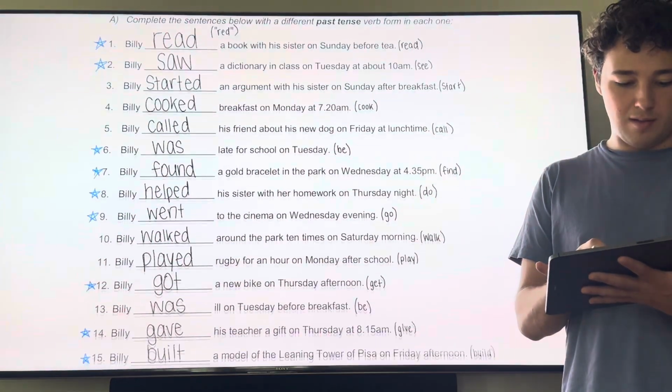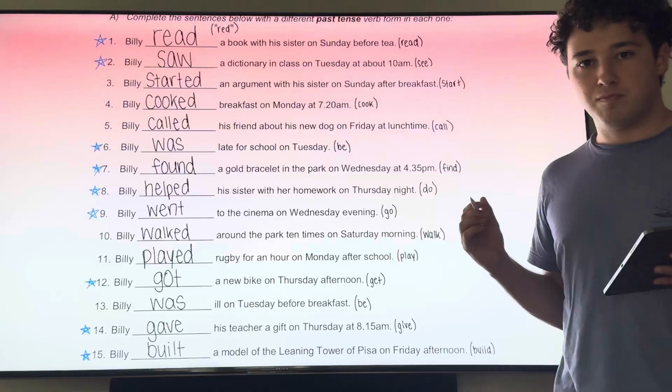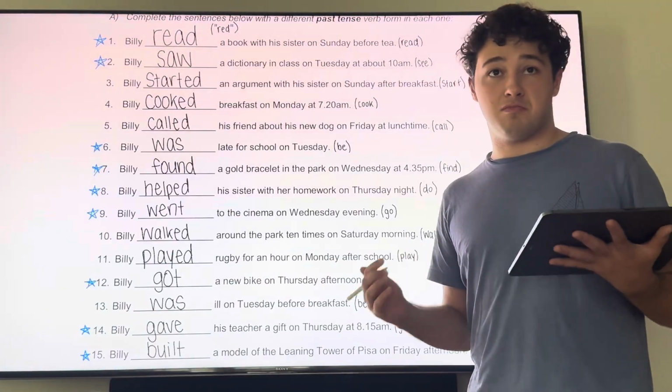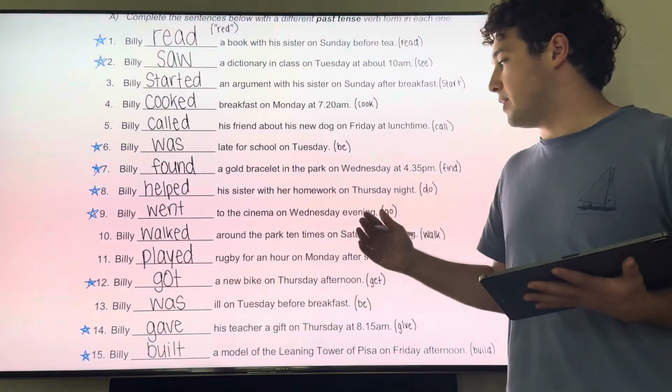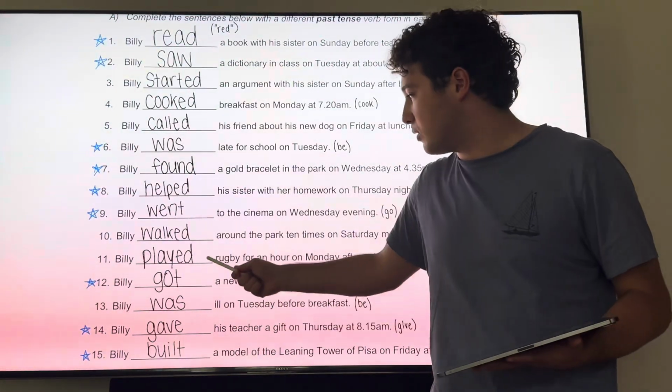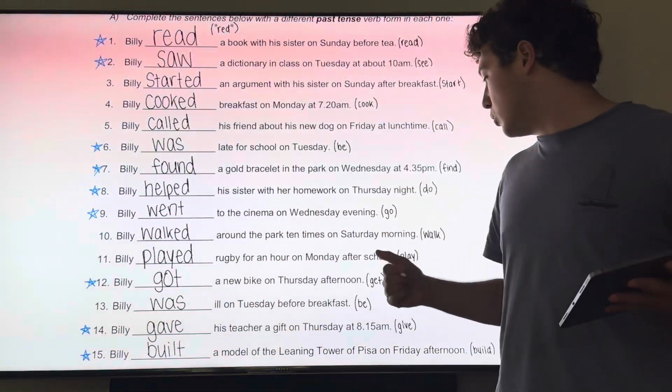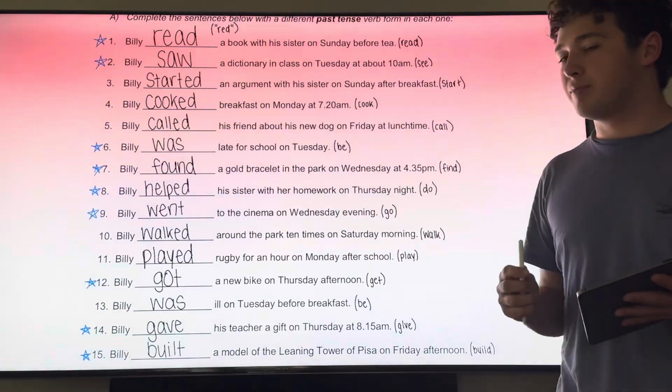However, if you got any of these wrong, just maybe a lack of understanding of the exact irregular tense, because for the regular tense, all you have to do is add the ed to the verb itself.